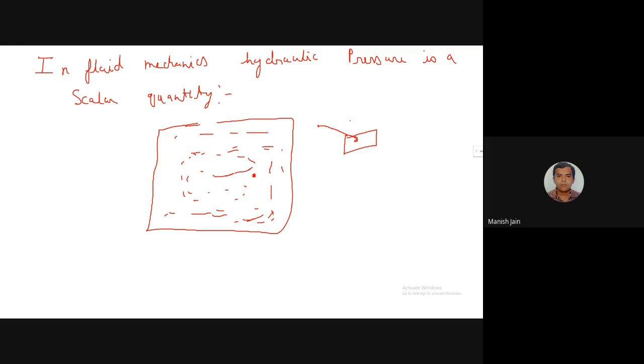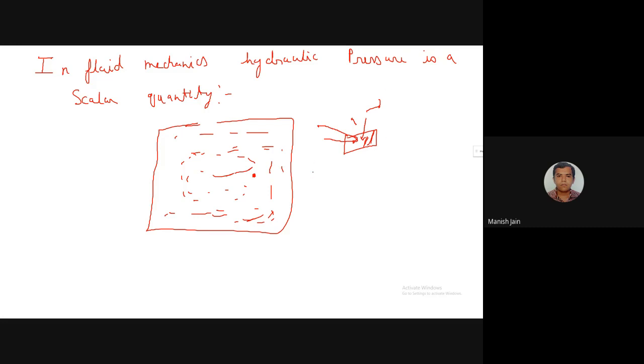So those molecules will move and have kinetic energy, and when these molecules collide with the solid surface, they will exert a force on the surface. So the moving molecules, when they collide with a surface, exert force on the surface, and that force per unit area is called the hydraulic pressure.